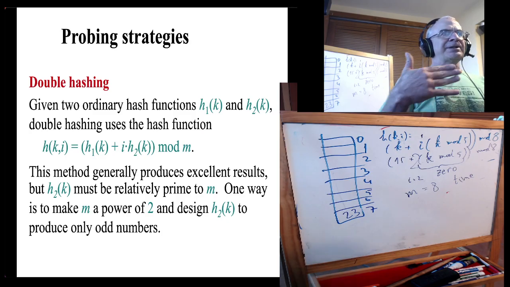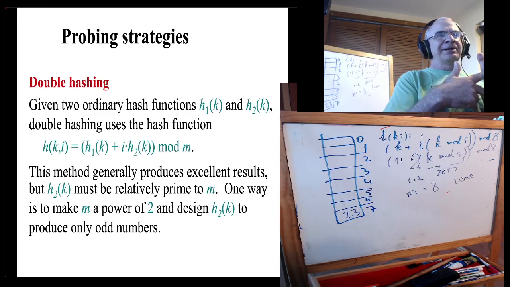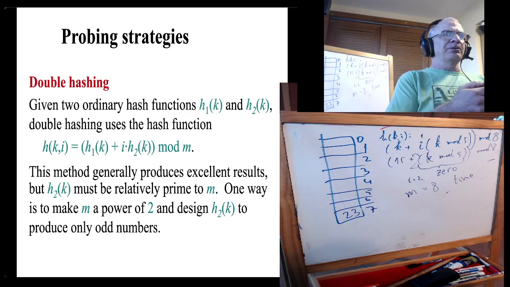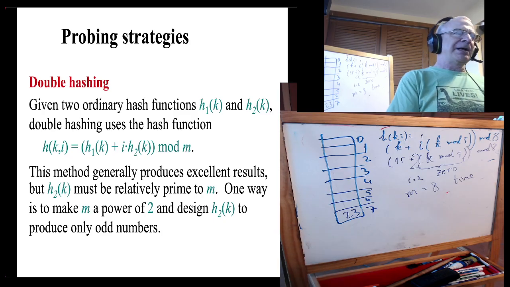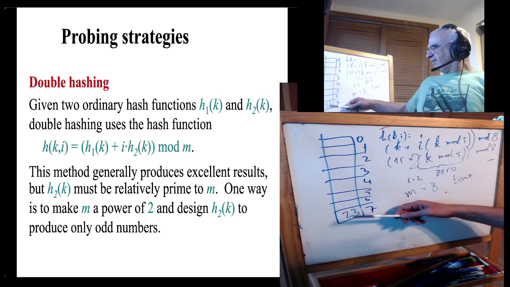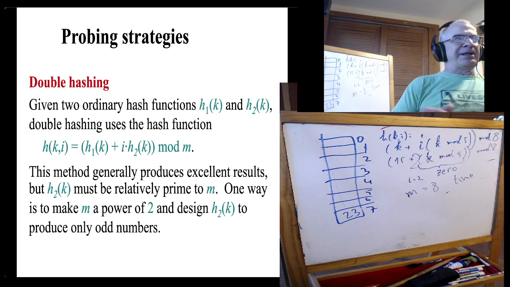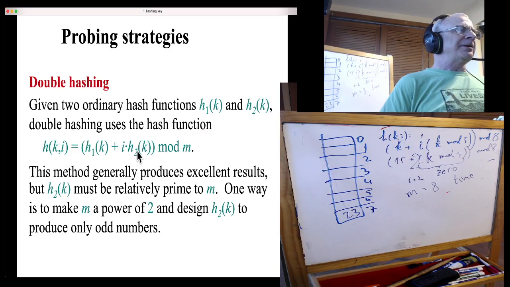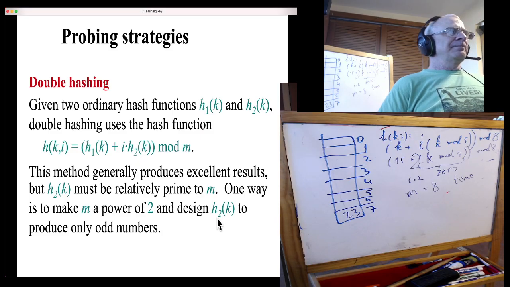I attempted each and every possible i, and all the cells are full, so you must resize this table and increase its size because there is no more room, which is of course very far from the truth. All the table is empty besides this number. So you just need to be more careful about what h2 of k might be.